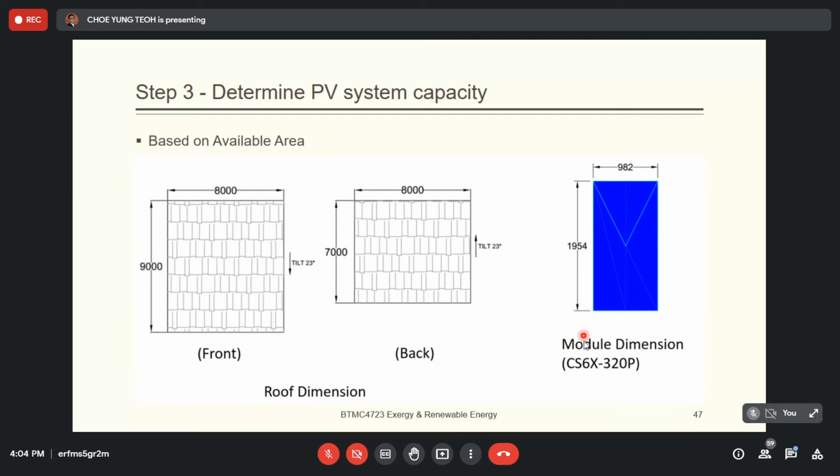Let's say the module dimension is 982 mm times 1954 mm, which is about 1 meter times 2 meters. Based on this area, how many panels can you put in? You can arrange them properly, and we do not actually need spacing in between, although even if we need it, there is a minimum spacing.